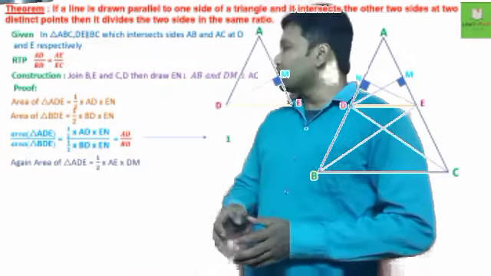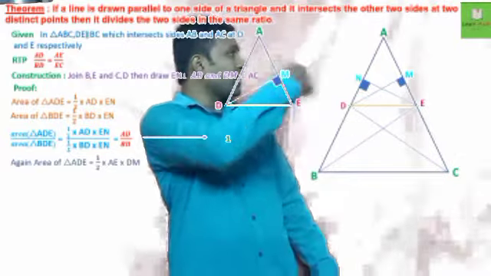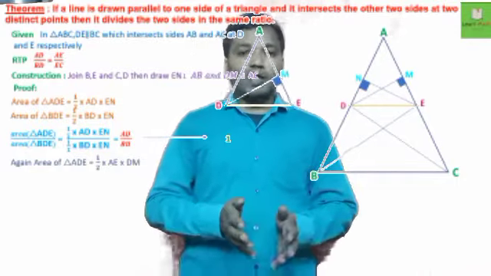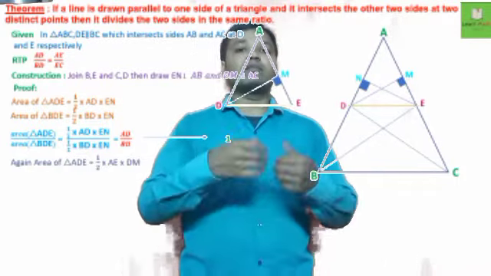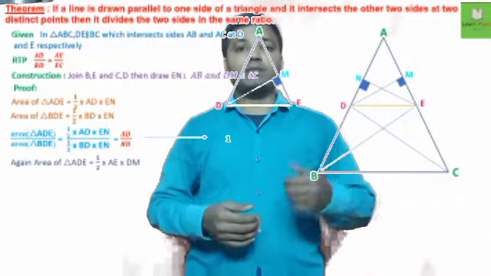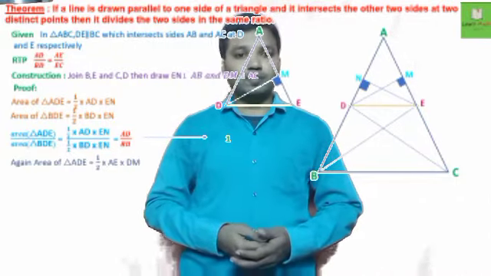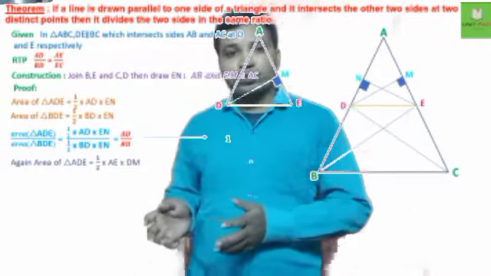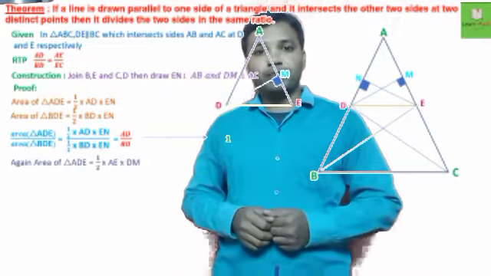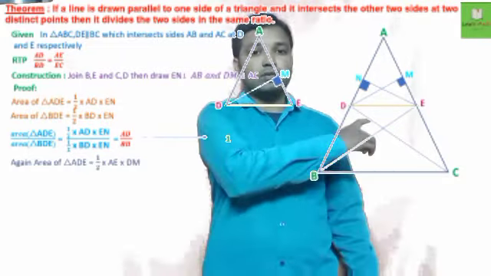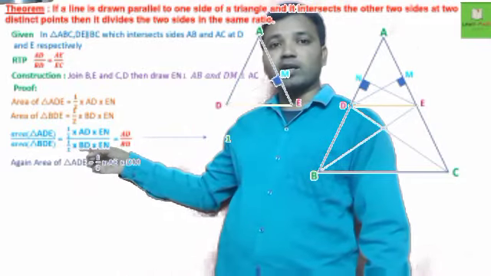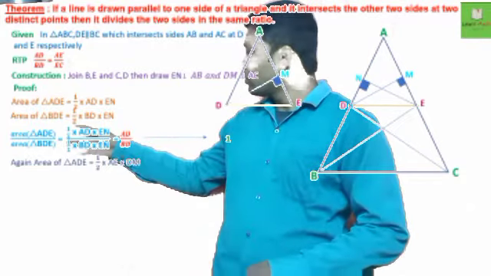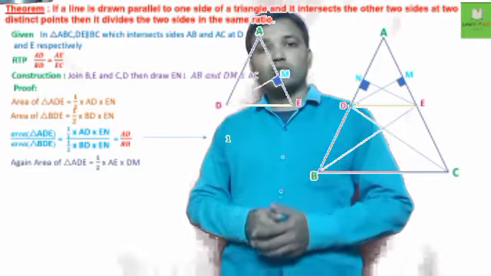Here in triangle ADE, AE is the base line segment, and DM is the altitude dropped onto that base AE. The area of the triangle is half into base into height, so the area of triangle ADE is equal to half into AE into DM.